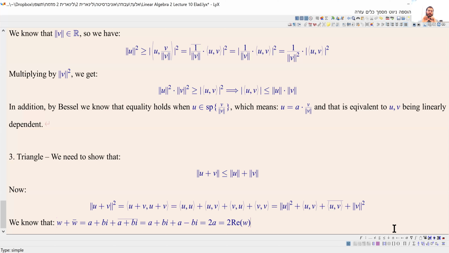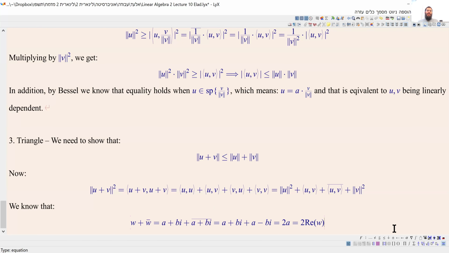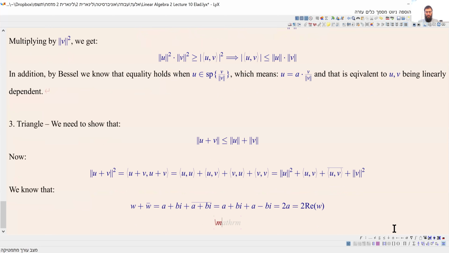But I want you to notice that the real part of W is always smaller than or equal to the absolute value of W. Why is that?